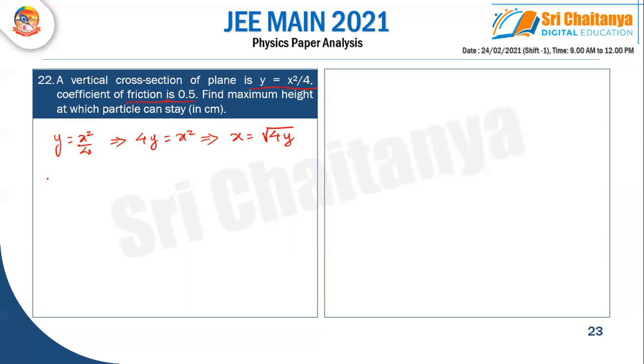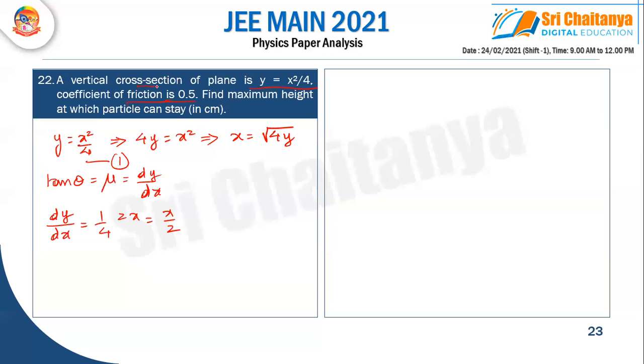Coefficient of friction mu is equal to tan theta, and this stands for dy by dx. For that reason, I'll differentiate this first equation with respect to x. dy by dx is equal to 1 by 4 times 2x, so I'm going to get x by 2.